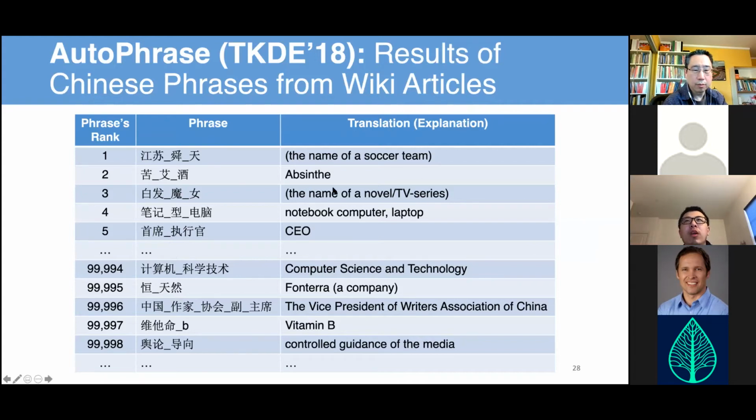And I put the translation here, and as I'm doing some computer science research, I'm very happy to see this computer science and technology has been extracted as a phrase here. While its rank is low, we have it here, its quality is above 0.5. Our classifier predicts a number between 0 and 1, so 0.5 is a very natural threshold to decide quality phrase.